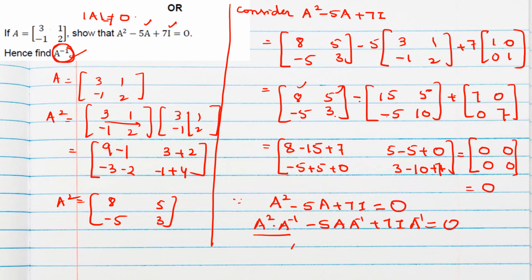So this will give A into A inverse will be identity, I into A inverse will be A inverse. So A minus 5I plus 7 times A inverse equal to 0 we got.